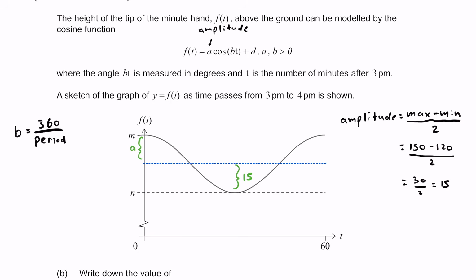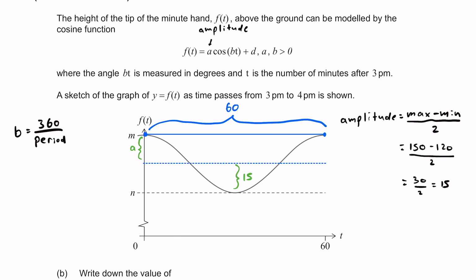In this case, let me get a new color, I'll use blue again. We have the time taken to go from one peak to another peak, or trough to trough and so on, but the time taken is 60 minutes.